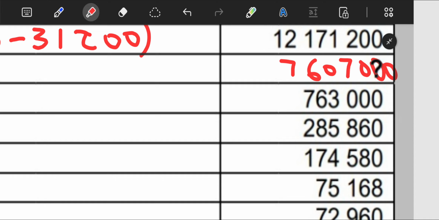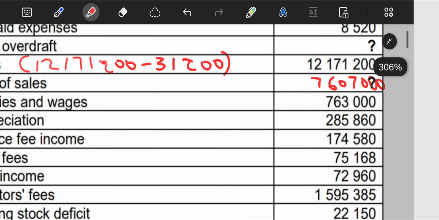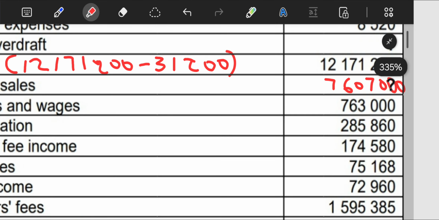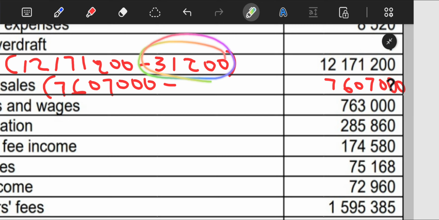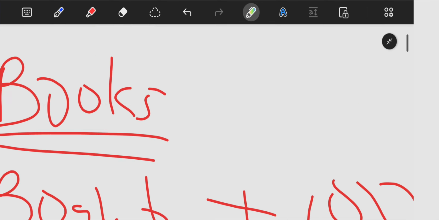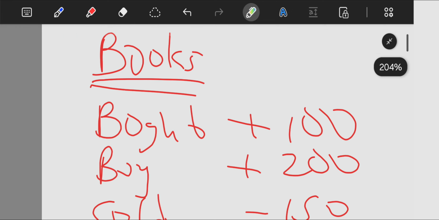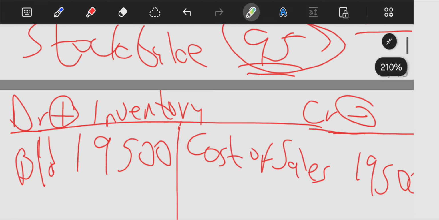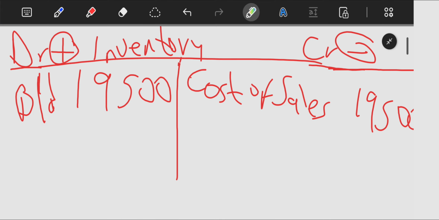So meaning that this amount also has to be adjusted. Your cost of sales now is going to be your 7,607,000 minus what was the cost of this merchandise that has been returned. We have calculated it here to be 19,500.